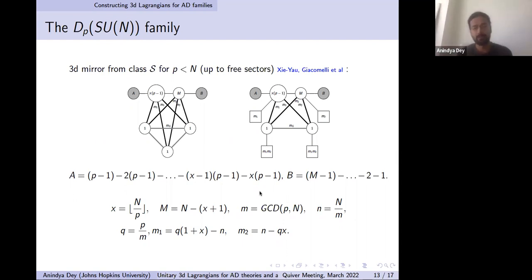No, there's no problem. You can implement the whole thing, but the dual is not easily readable like in the abelian case. You actually have to do the computation. But you mean that the dual would still be Lagrangian? No, it's not guaranteed. So it depends on how you're generating it. The final answer can have a bunch of non-abelian nodes.